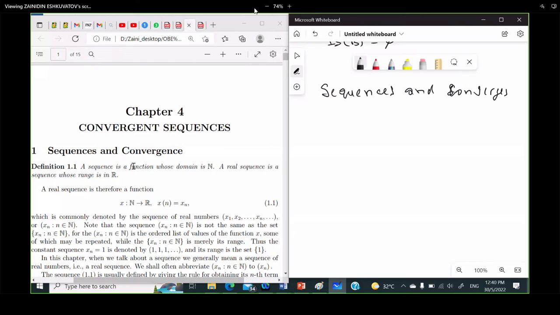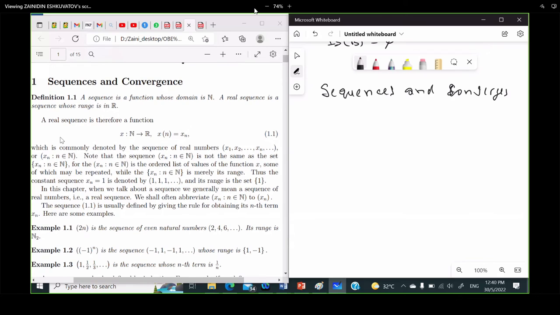A sequence is a function whose domain is the natural number set. A real sequence is a sequence whose range is in R. Yesterday I explained this. Because it is a real sequence, usually the sequence is denoted by xn, yn, zn, or an, bn, cn.